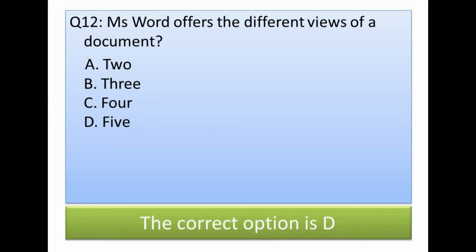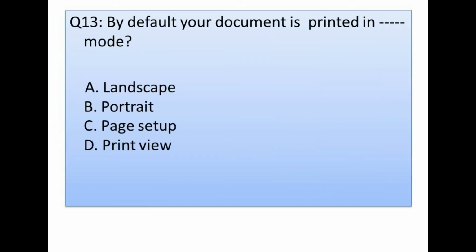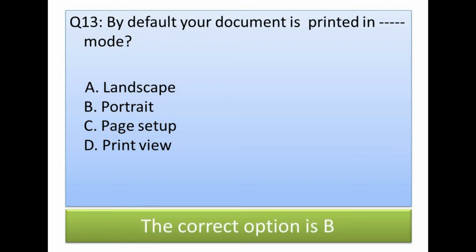So the correct option is D. By default, your document is printed in dash mode: landscape, portrait, page setup, print view. So the correct option is B.